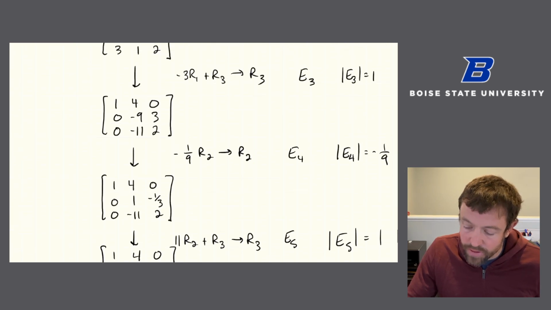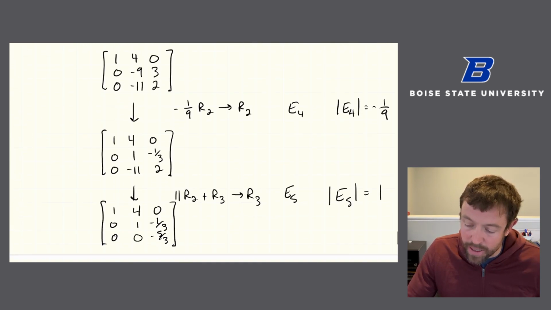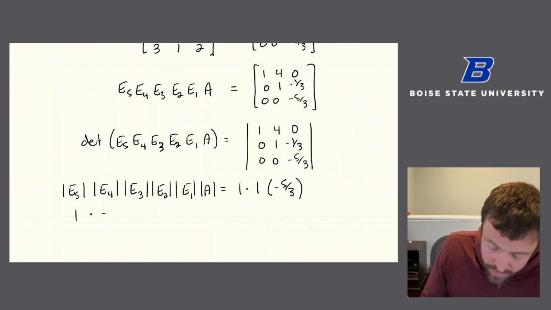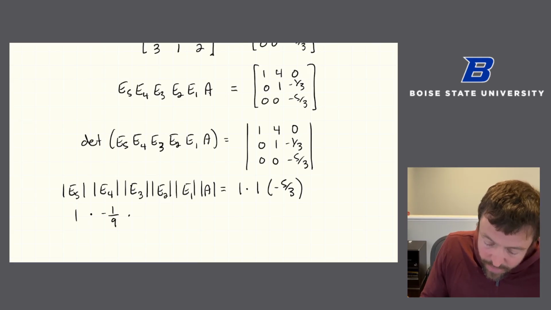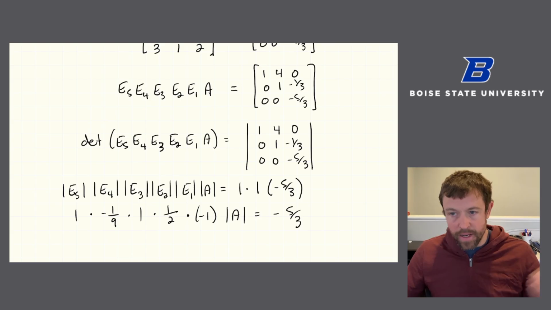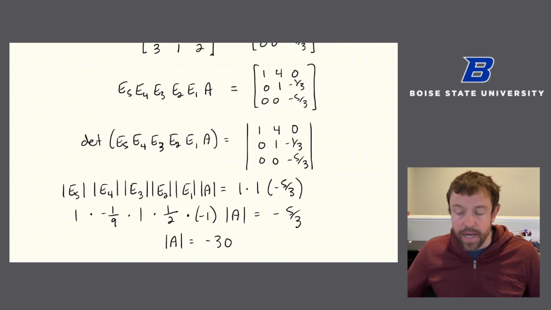So the determinant of E5 was 1, E4 was minus 1/9, then 1, 1/2, and minus 1. So that's 1 times negative 1/9 times 1 times 1/2 times negative 1 times the determinant of A is negative 5/3. And then when we solve for the determinant of A, we get negative 30.